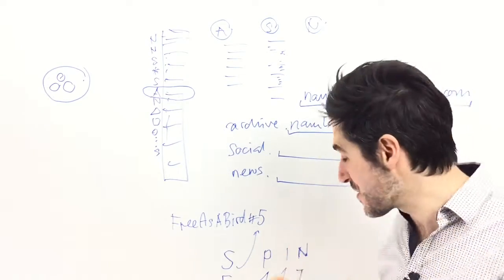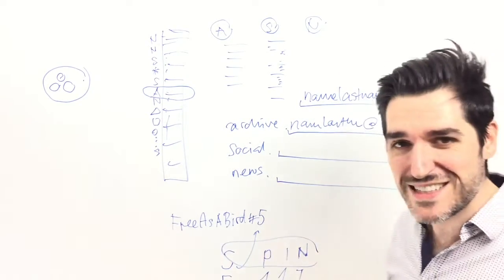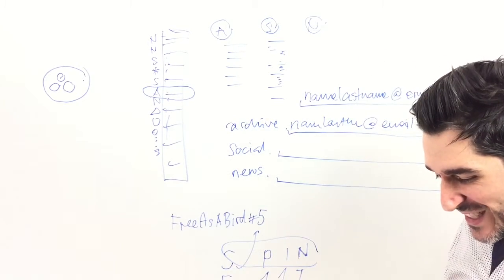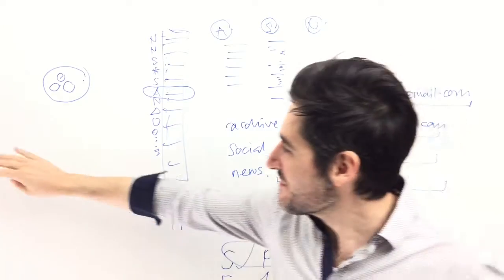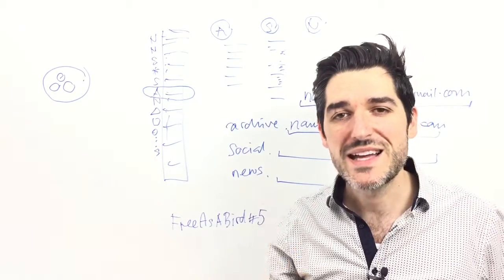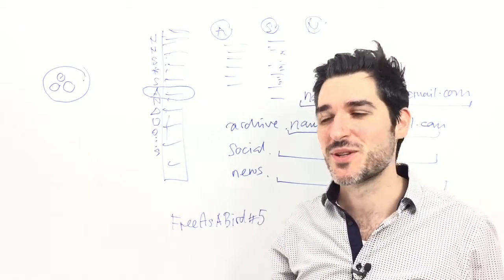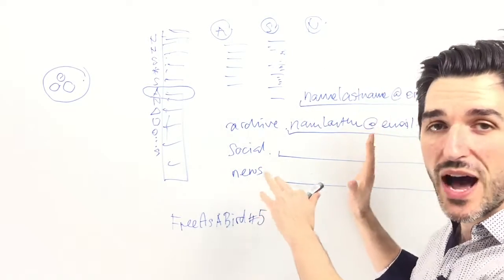So I'm a very visual person, so I see kind of a 7 in this N. So I created just the word spin. That's kind of funny, but that was not planned. So again, this is the password. So create a system for your password and a system for your email, and this is how I do it.